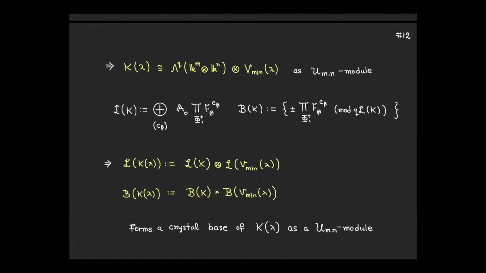Then if we define L_K(lambda) and B_K(lambda), it forms a crystal base of K(lambda) as a Levi subalgebra module. One important fact is that we have to check that it is a lower crystal base with respect to U_N0, and that it is also an upper crystal base for U_0N.